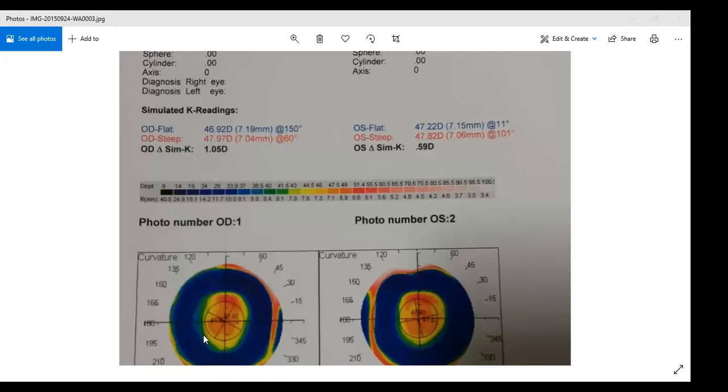Yeah, so this is how a hyperopic LASIK looks. Like I told you, it is similar to a central steepening of the keratoconus, but it is way more regular and you're supposed to correlate it with the pachymetry. So like you can see, the flat K will be around 46 and the steep K will be around 47. So it'll be way above 45, both the flat and the steep K. And it'll be a more regular reading.